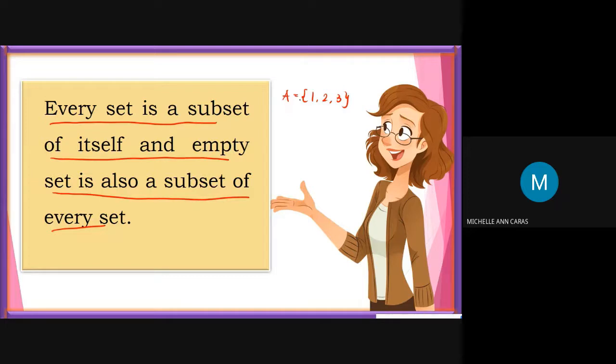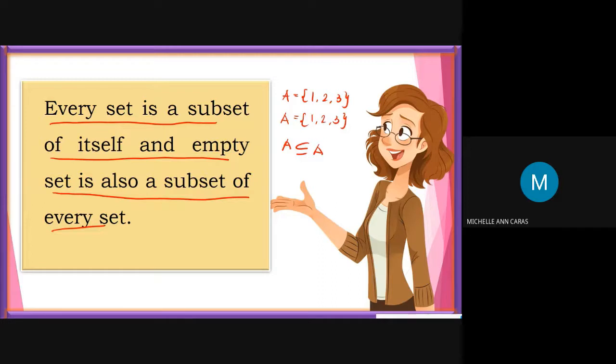So, ibig sabihin, sa set A, ang iya daw nga sarili is still a subset of itself. So, si 1, 2, 3, okay, another A or si A is a subset of itself. Okay, kay based there is the definition, every set is a subset of itself. Okay, next. An empty set daw is also a subset of every set.